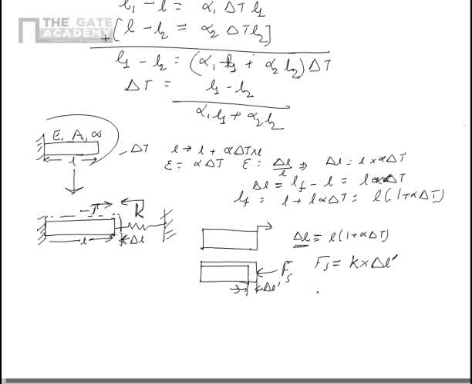So the free expansion is this much, L 1 plus alpha delta T, minus the change of length caused by the spring, which is K delta L dash, is the force divided by AE. This is the strain multiplied by the length.